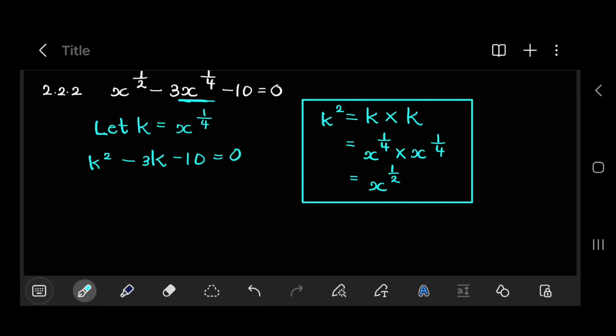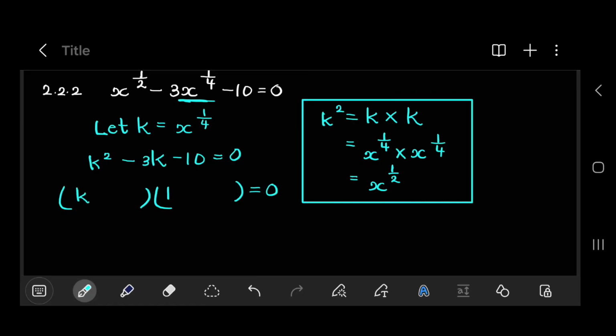But now because we have it in terms of k, we have ak squared plus bk plus c. Now the whole aim of getting it to be in quadratic format is that it allows you to simplify a lot easily, where you can either factorize on your own or you can use a quadratic formula.